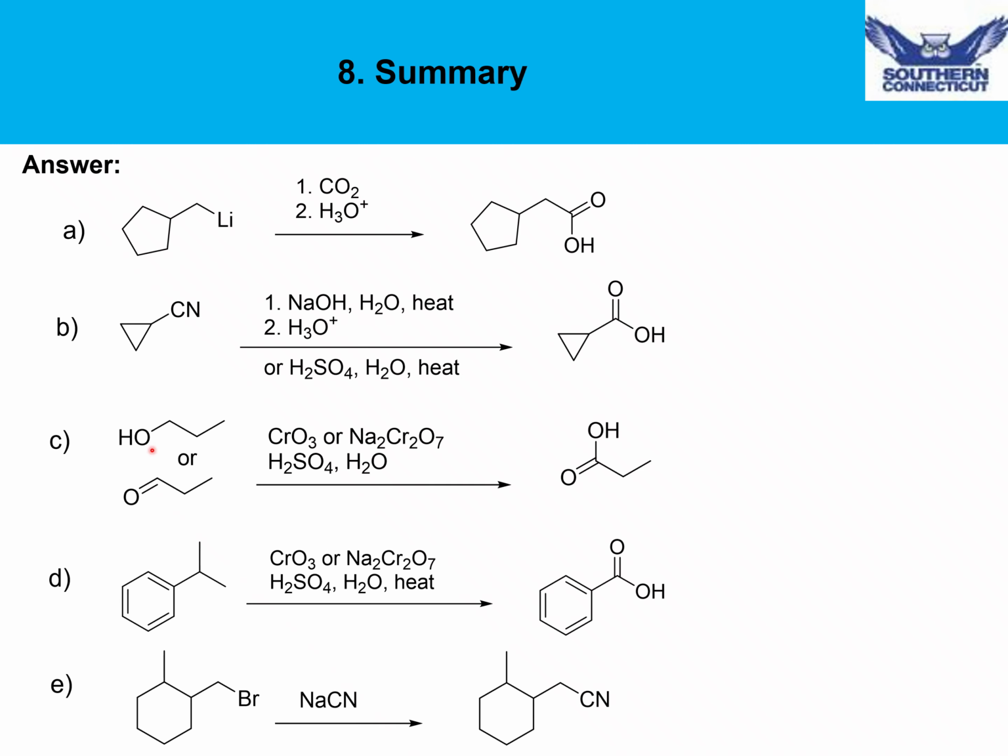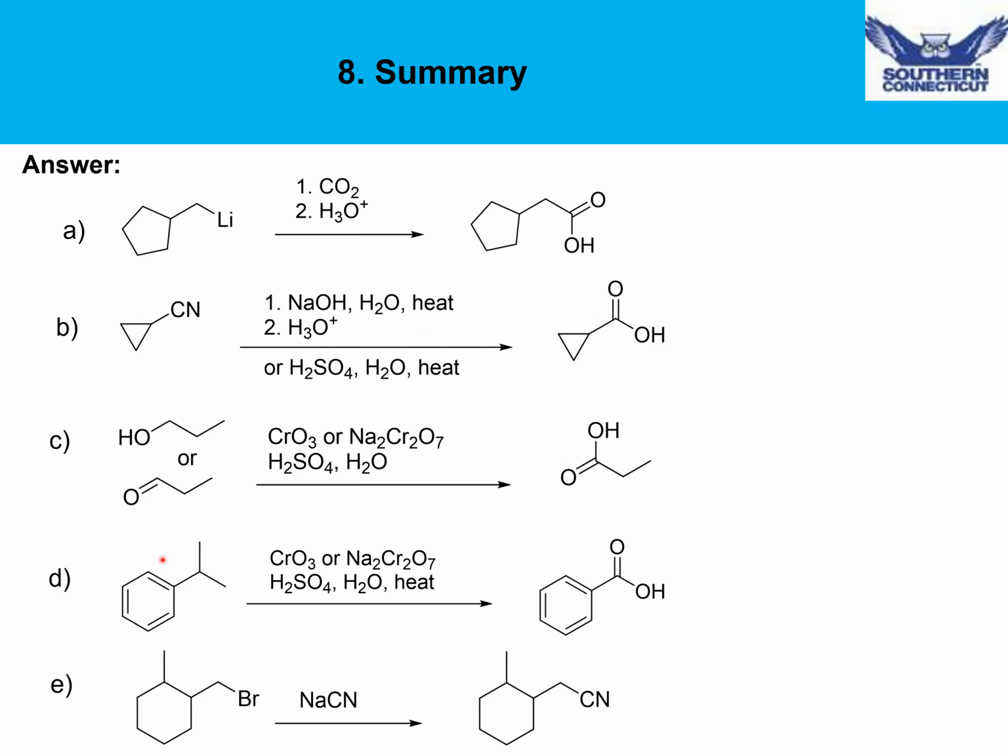With a primary alcohol or an aldehyde, we can oxidize it with chromic acid to convert it into the corresponding carboxylic acid. Notice both the aldehyde and the alcohol contain 3 carbons, so the product here will also contain 3 carbons.